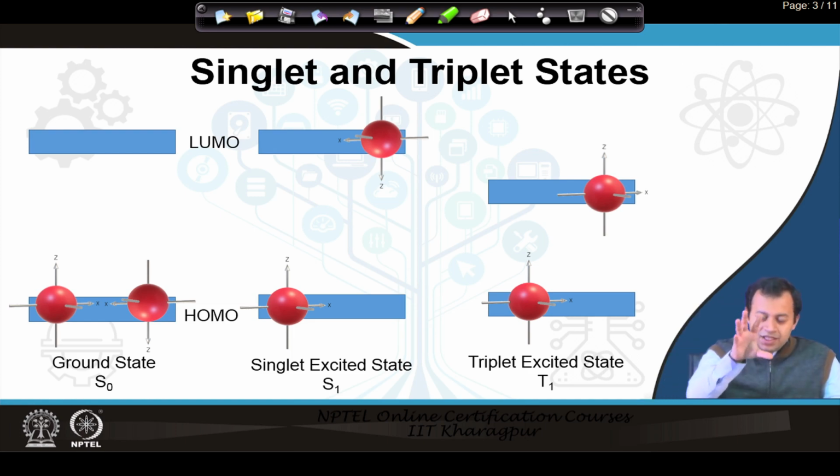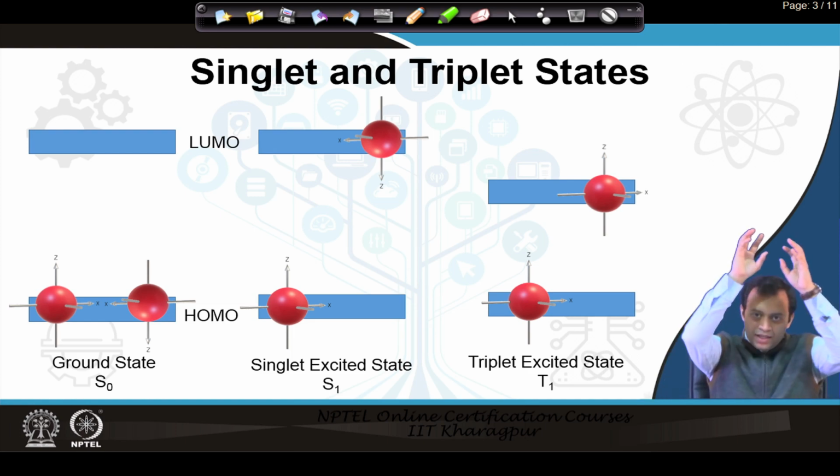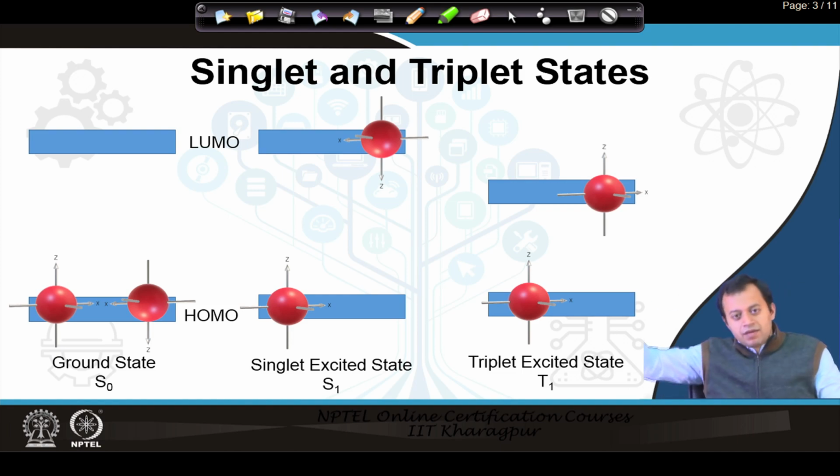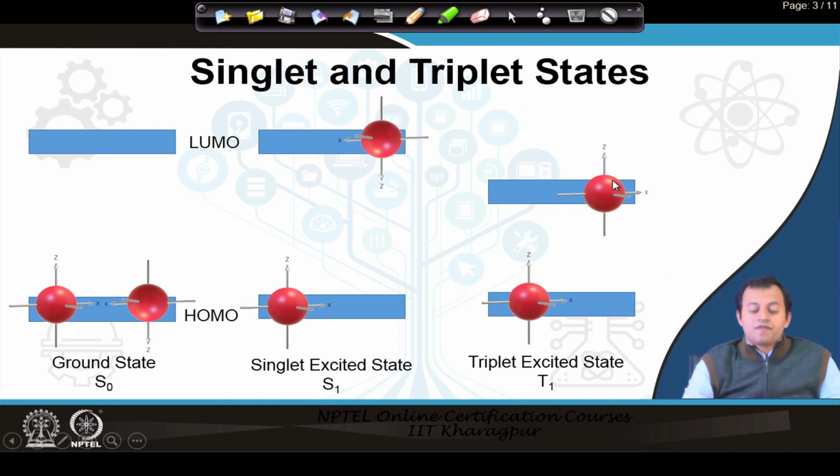You hit it with light, the electron moves up, then the electron comes down, giving out some amount of light. This is phosphorescence, where after hitting it with light, you have switched off the light, but it will keep on glowing. It has to dissipate the energy somehow. You might think of dissipating it as phonon, but phonon is also out of reach for this particular case because of the spin.